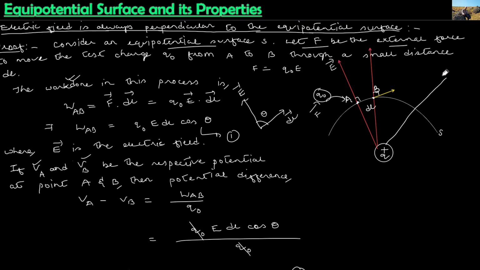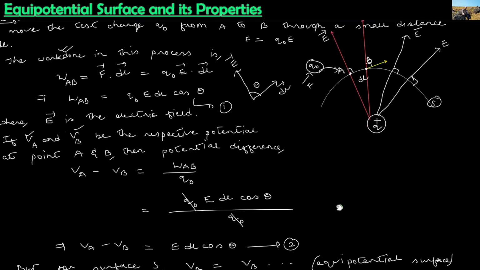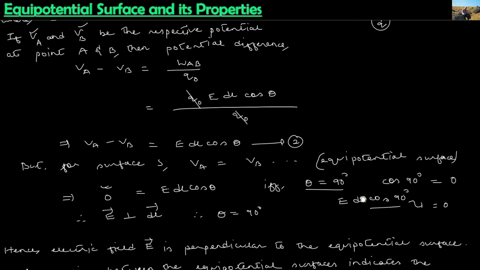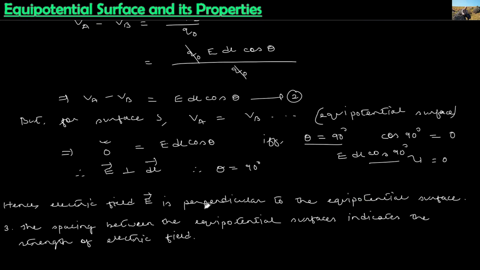This is the direction of the electric field, and this electric field is perpendicular to the surface S. If I take from here also, this is the direction of the electric field, and it is perpendicular to the surface S. So from these discussions, the conclusion is that the electric field is always perpendicular to the equipotential surface.